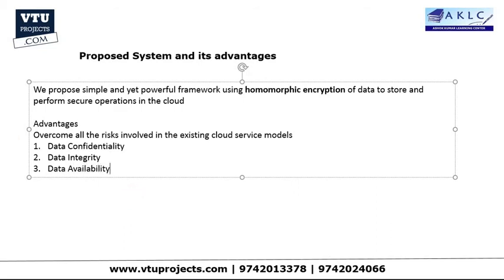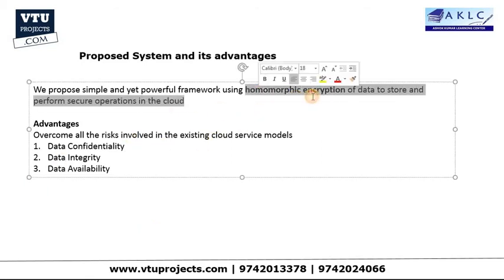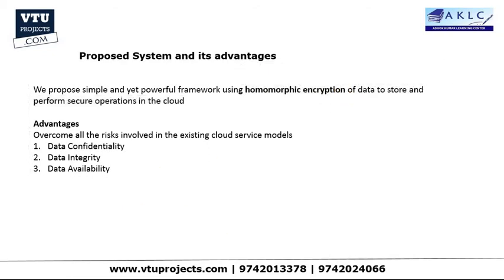We are going to make sure our framework will overcome all these 3 risks. This is the advantage of our proposed system. How we are going to implement this homomorphic encryption, you cannot understand right now. You need to attend the project classes.